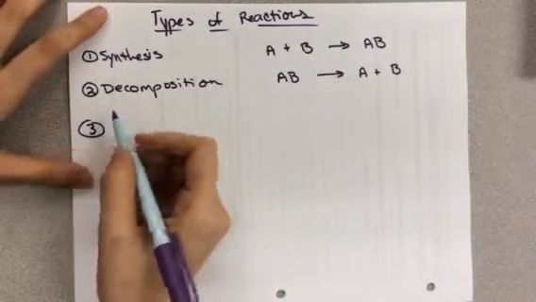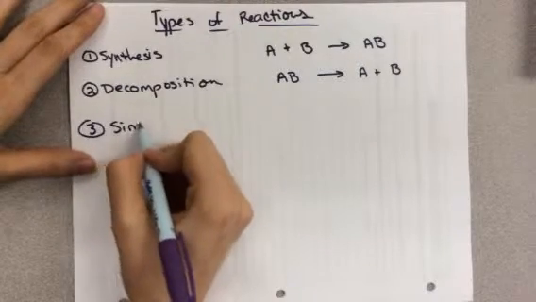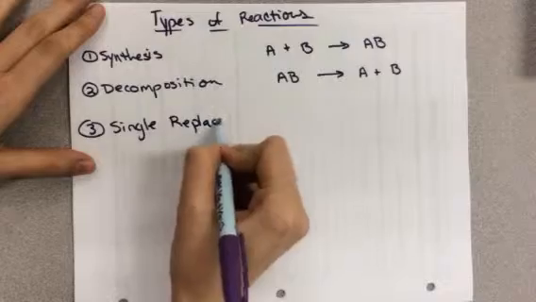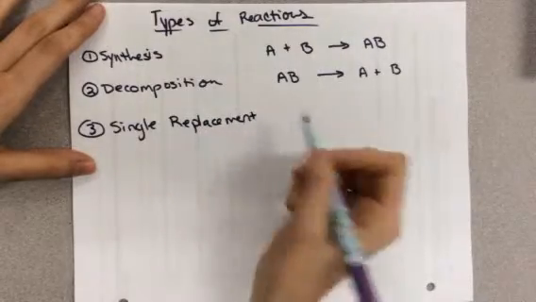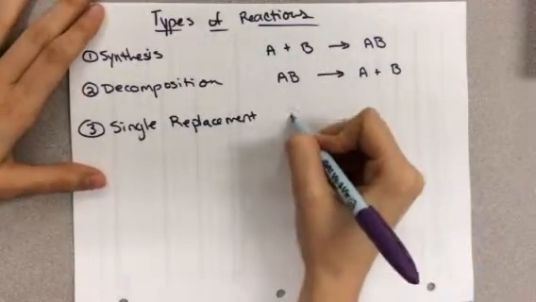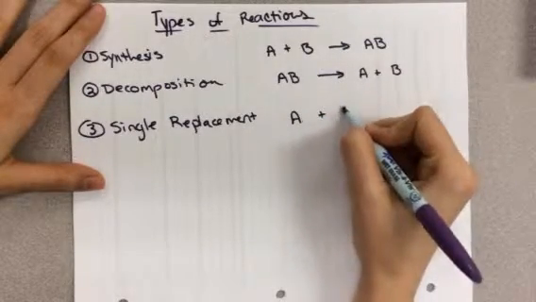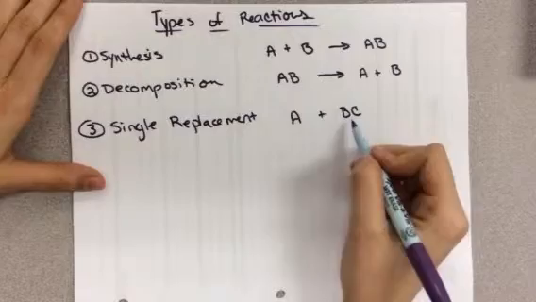The third type is called single replacement. In this case, you've got an element as a reactant and a compound as a reactant, so something that's made up of more than one element.